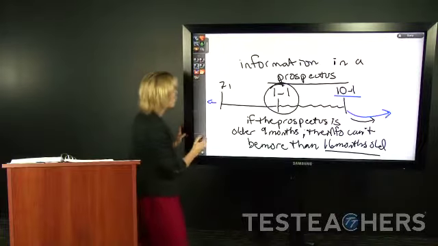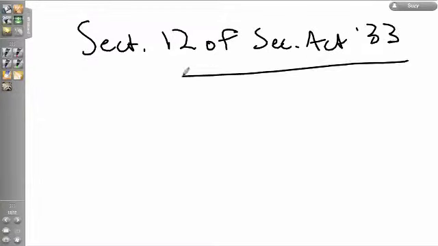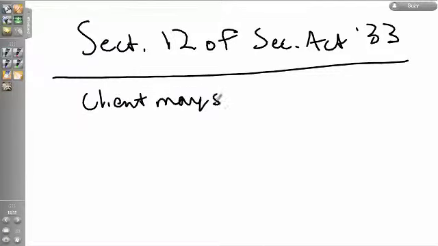Prospectuses cannot omit material facts or contain material misstatements. If it does, your client can sue you. So under Section 12, what may they sue you to recover? Civil liabilities under Section 12 of the Securities Act of 1933. The client may sue you to recover.